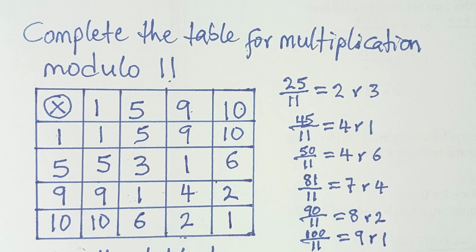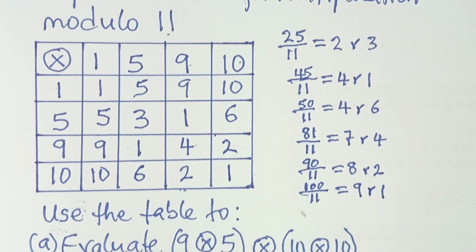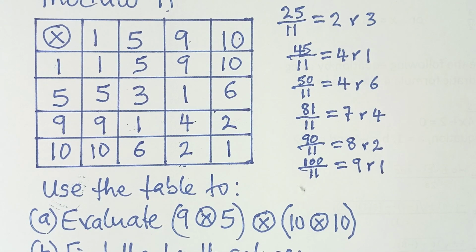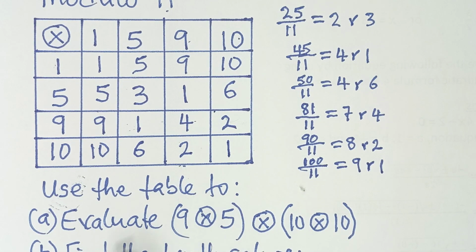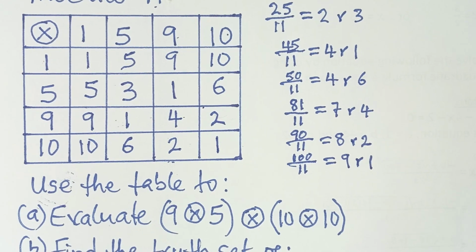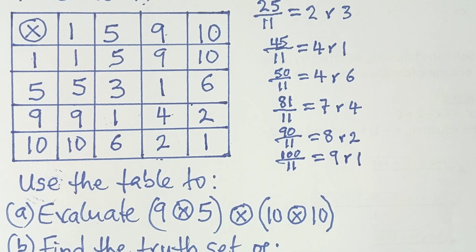Now let's carry on with the questions that were asked under this table. The first question says we should use the table to evaluate 9 multiplied by 5, and then all multiplied by 10 multiplied by 10. Now I think we can simply do this in front of this here.